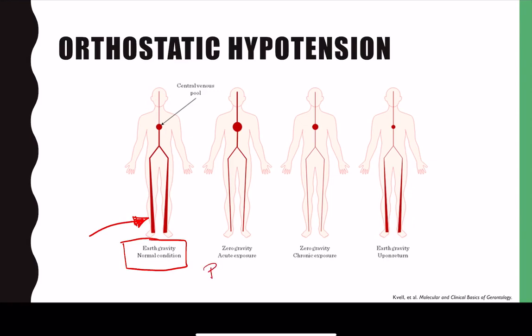When they laid in the bed for however long they have been unable to get up against gravity, they removed the volume. They slowly have diuresis and natriuresis and remove their total blood volume because of sensors that have detected this higher amount of fluid coming back to the central system.